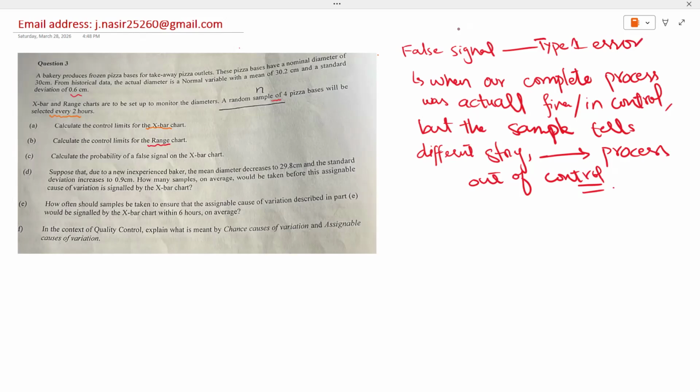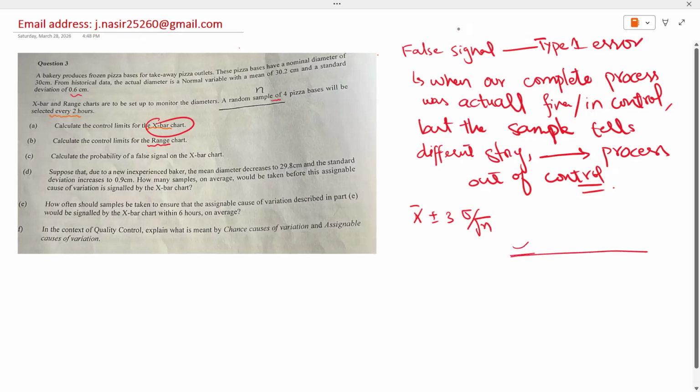Yes, exactly. We can. What is the formula for the limits for the X bar chart? It is X bar plus minus three standard deviations away from the mean. So if we have this chart, this is our mu, this is our lower control limit, and this is our upper control limit.